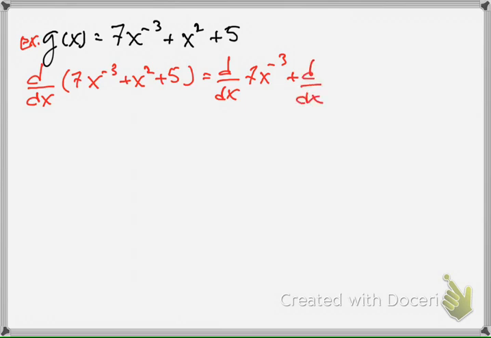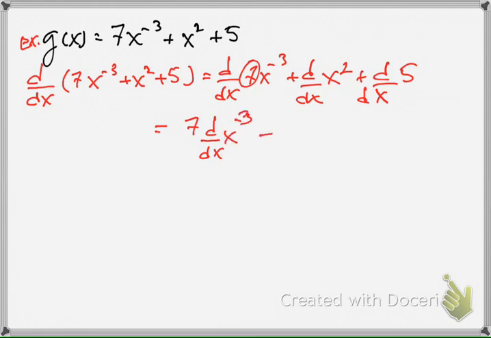So that's the derivative of this plus d/dx of 5. Now our constant multiple rule says it's just going to be 7, the constant, times the derivative of this function here.